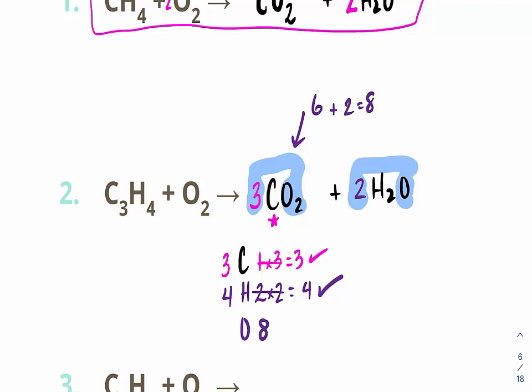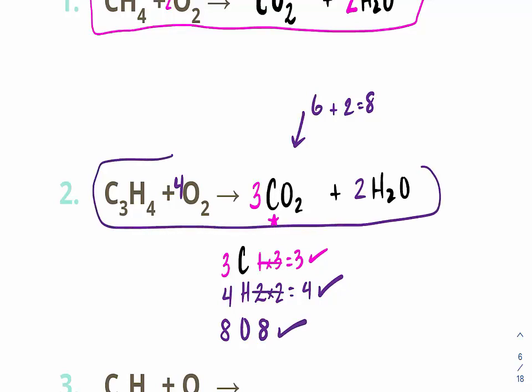Okay. To make the oxygen over here on the reactant side equal 8, what do I need to put in front of it? Just a 4, because 4 times 2 would equal the 8 oxygens on the product side. So 4 there gives me 8. Everything is balanced. We're good to go. So that is my balanced combustion equation for C3H4.